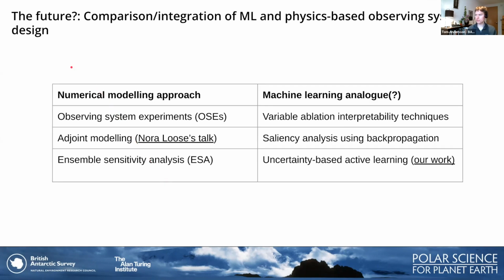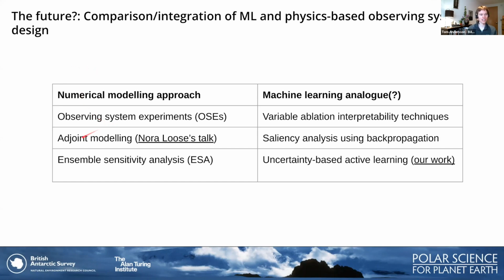And I might wrap up there just looking at time. This is maybe something that we can come back to in the discussion, but as part of my literature review, I found all of these interesting analogs between numerical or physics-based sensor placement or observing system design approaches and machine learning approaches from either the interpretability world of machine learning, trying to understand what the model's doing, or the uncertainty quantification, active learning side of things.